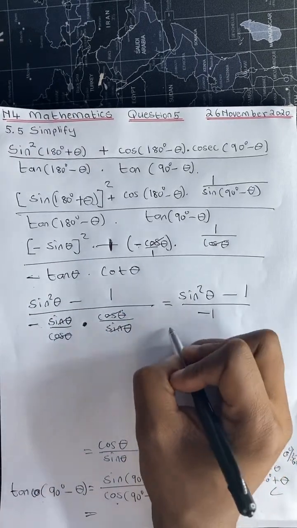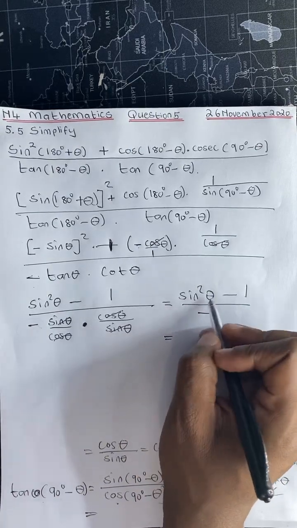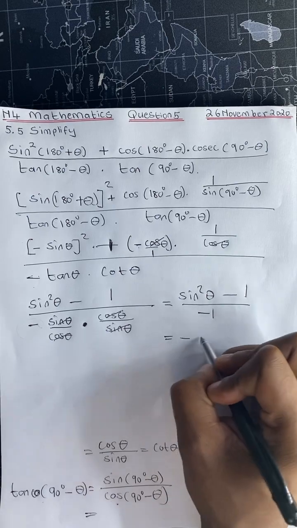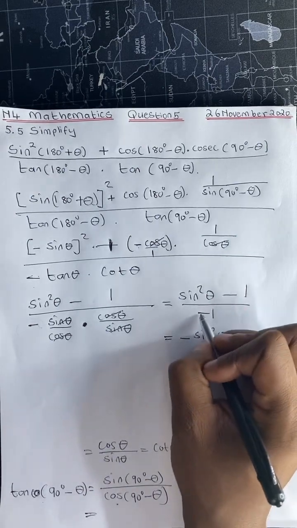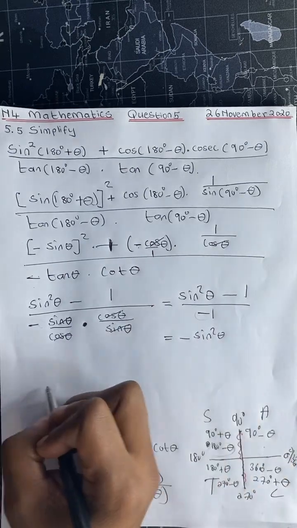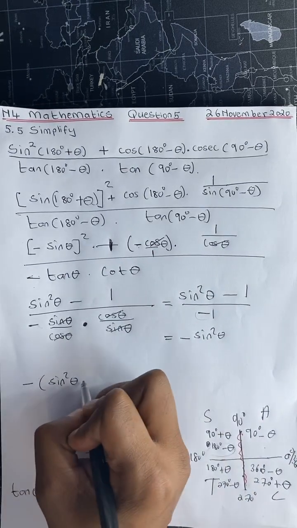So this negative 1, we can distribute it into the denominator, so we can write it as negative sin squared theta minus 1.